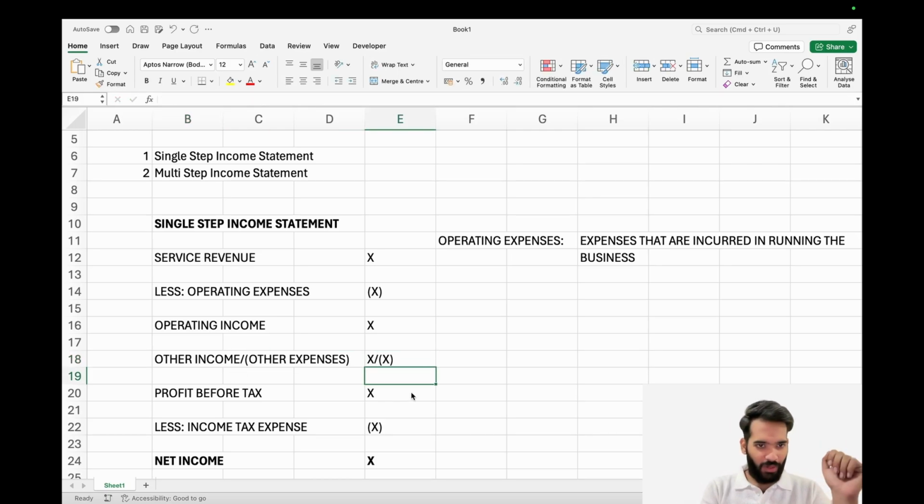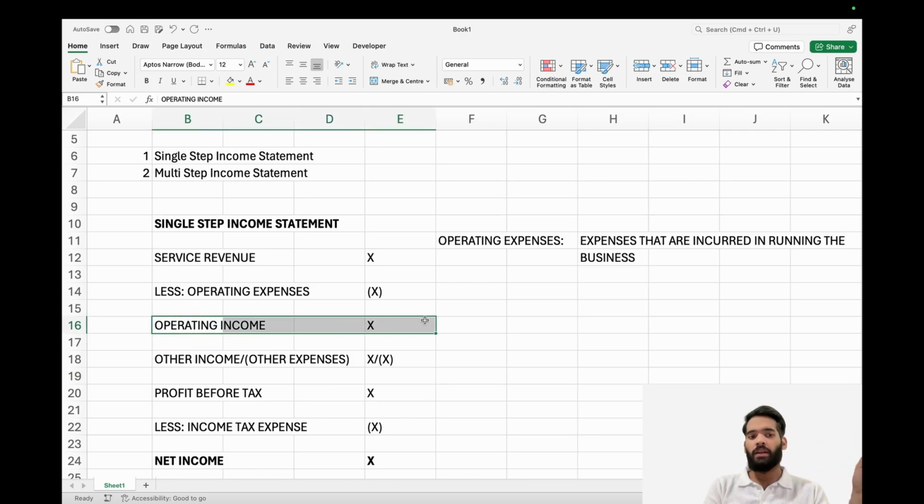So just to explain what I mean by this. After the operating income, now we add all of the other income. Let's say I have a rental property, I made some money from there. I have some money in the savings account, I made some interest on that money. All of the other income means revenue you are generating not from the main business but from any side things. And also other expenses have to be added and subtracted, right?